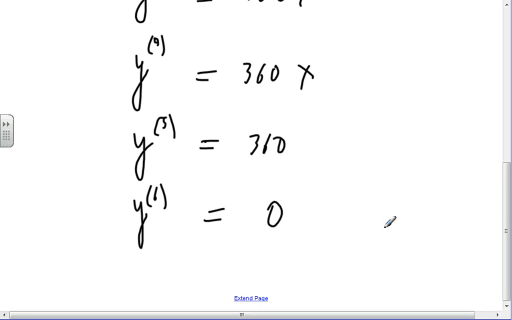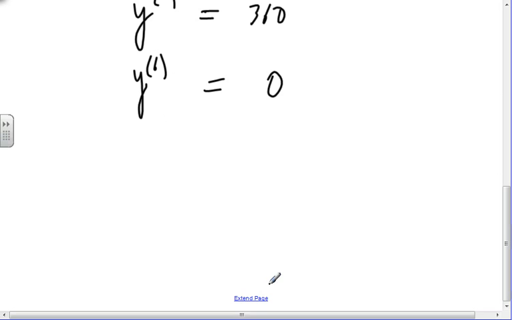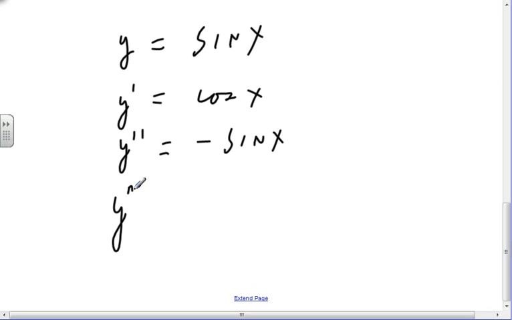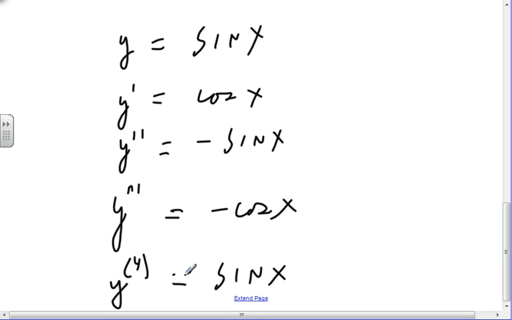There are some circular functions out there. So if y is equal to sine x, then y prime is cosine x, and y double prime is minus sine x, and y triple prime is minus cosine x, and the 4th derivative is sine x, and I start all over again.